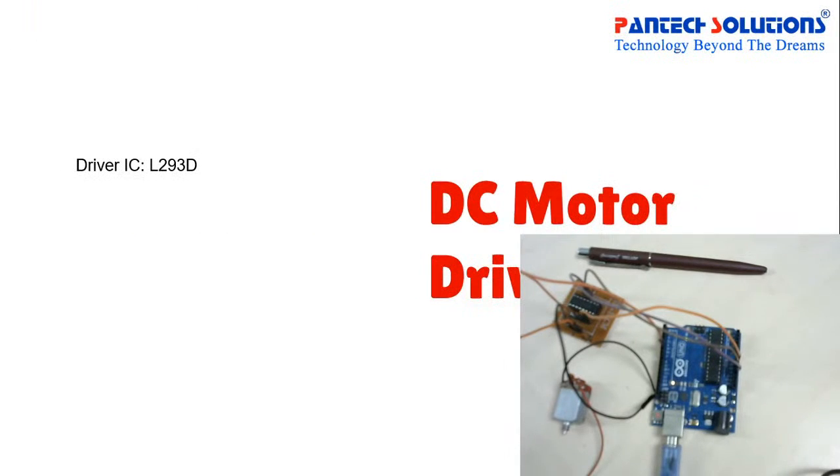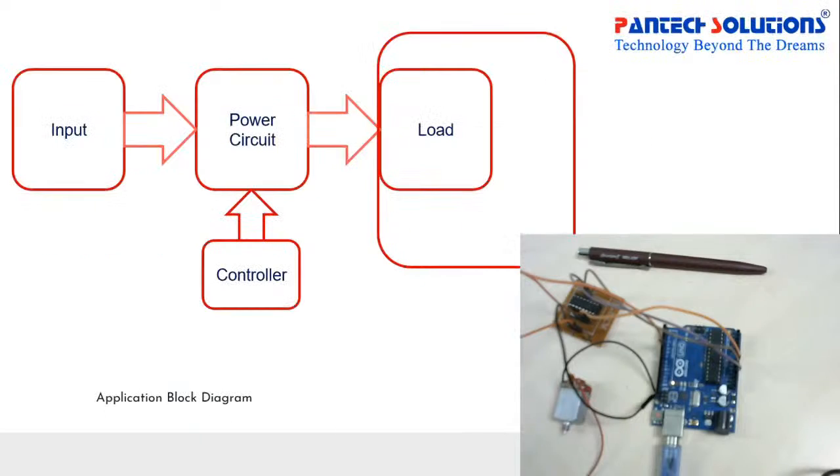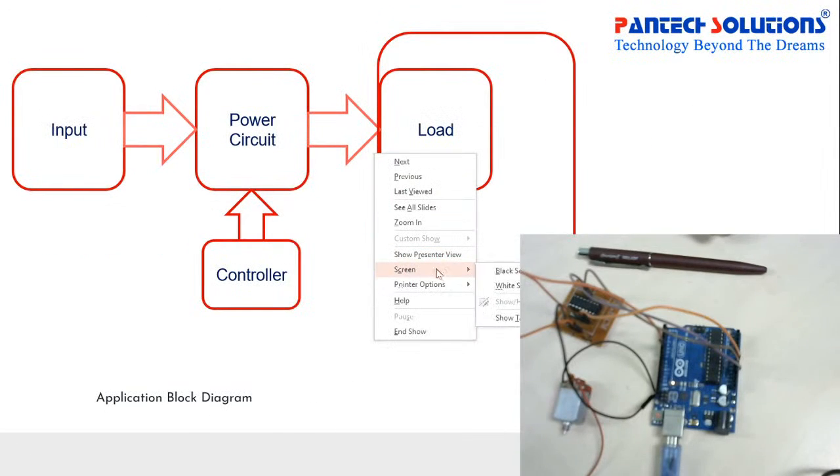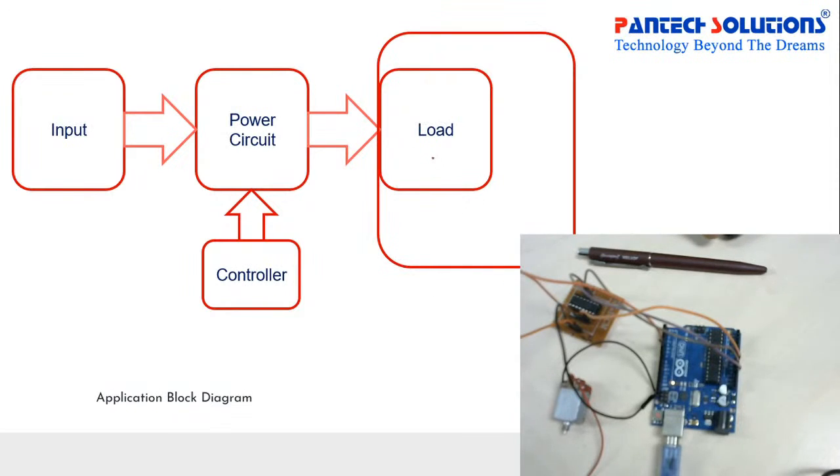For that, again, this motor can be connected directly to the Arduino controller, like in the previous block diagram. We can control this motor directly from the Arduino controller. If we apply variable PWM pulses to the motor, then the motor speed will be controlled.